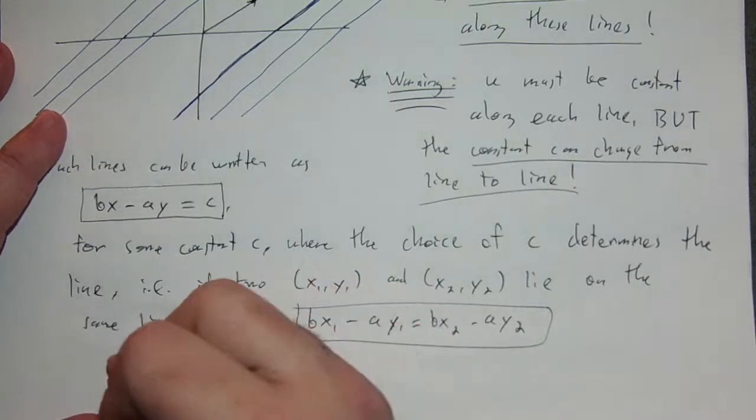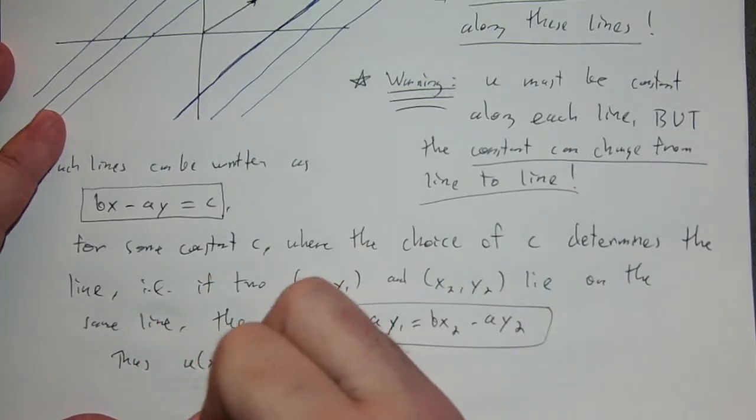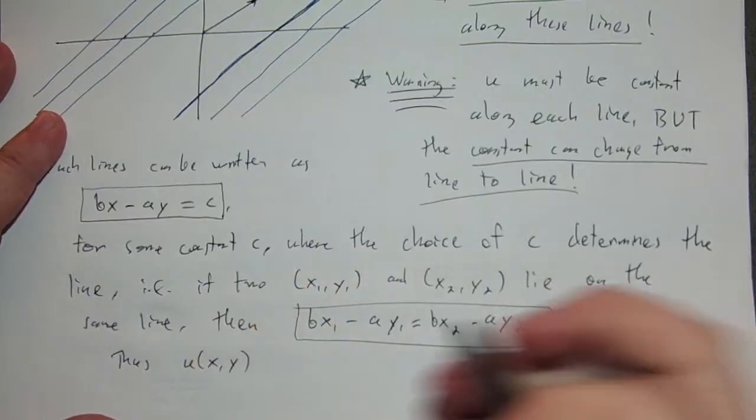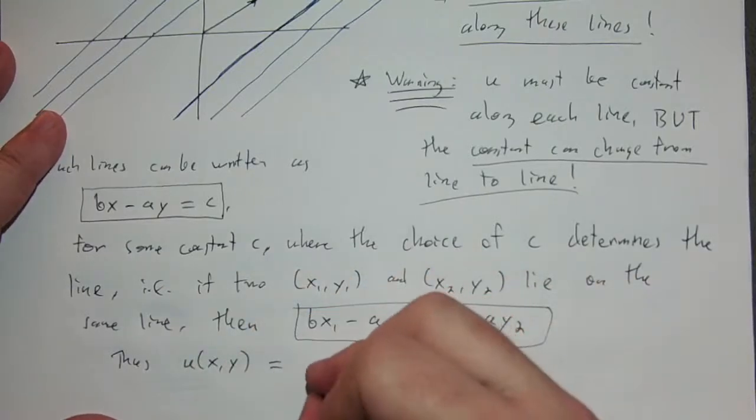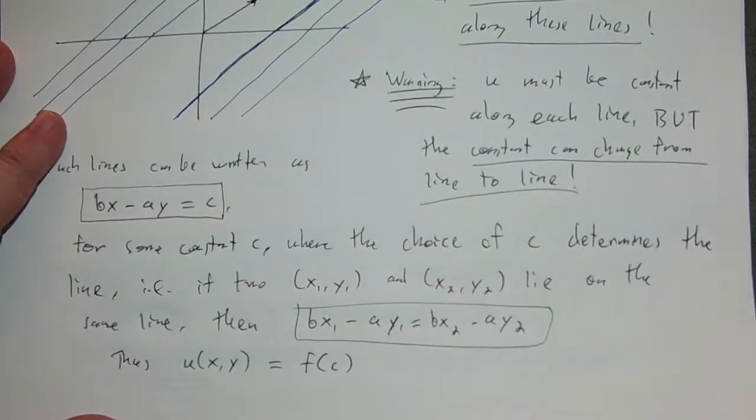Thus, u of xy is equal to f of c, but what is that? I don't like that, right?